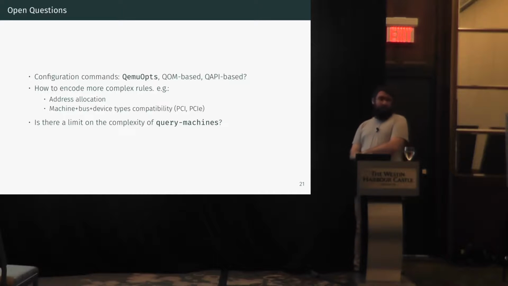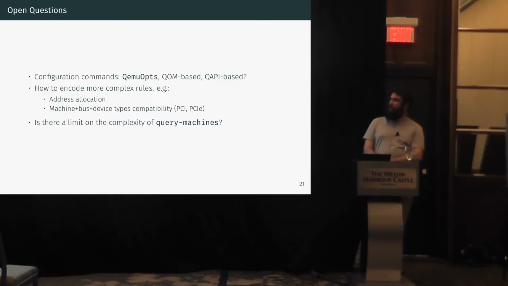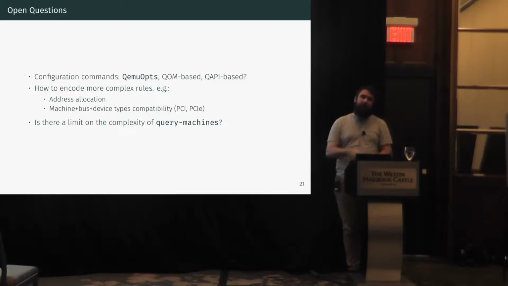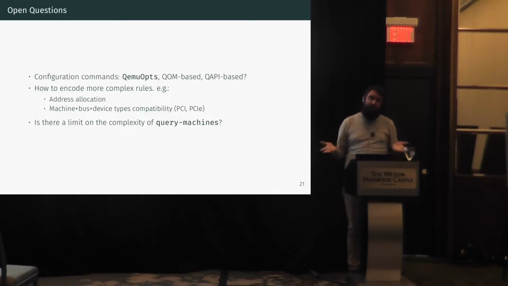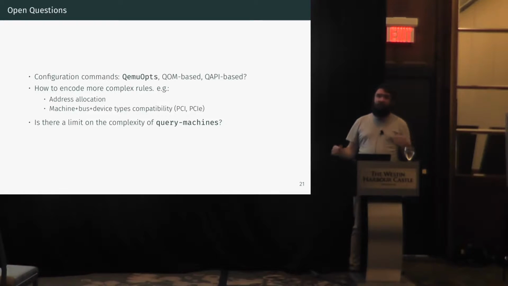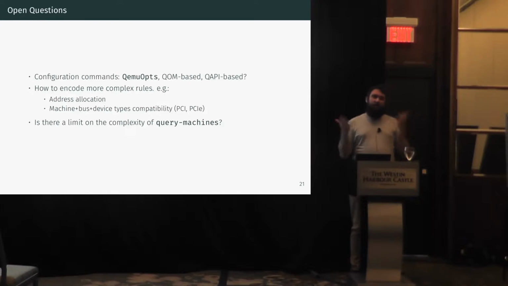You have QMP abstractions that have their own interfaces to check what's available. We have QAPI, that's separate from the QMP abstractions, that has its own way to represent what can be set and what can't be set. So how are we going to model that?